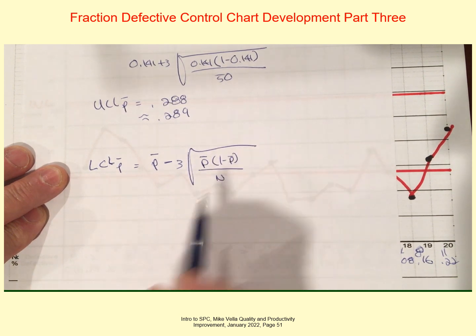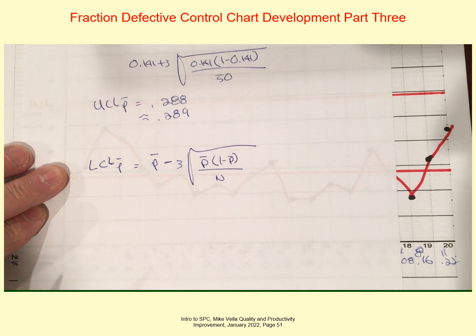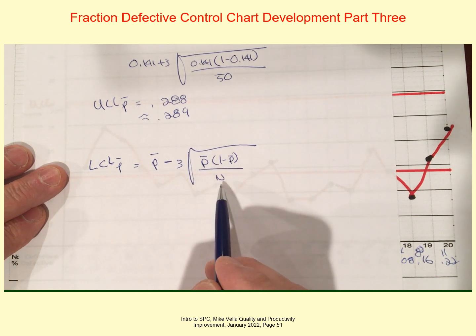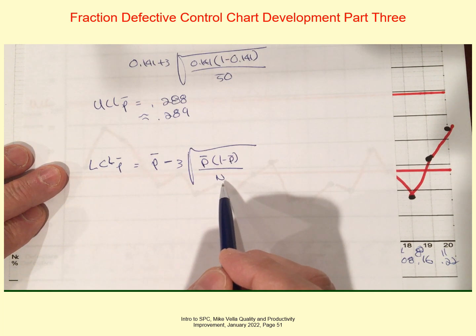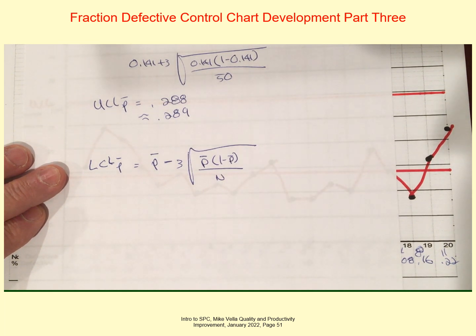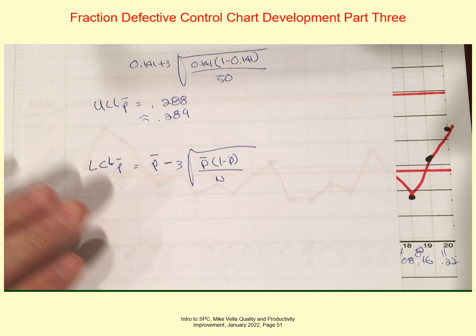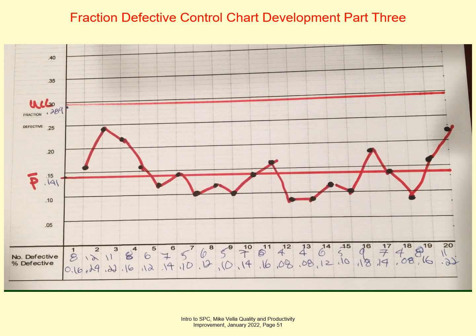And if you do that calculation, you'll find that number is below 0, so we're not going to plot it. If you select a sample size that's larger than 50, say 100 or 200, you'll find that you will be able to calculate a lower control limit, which would say that it's unusual.